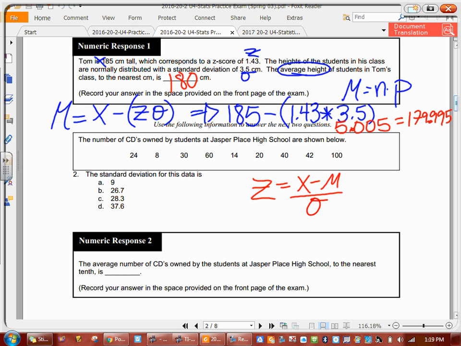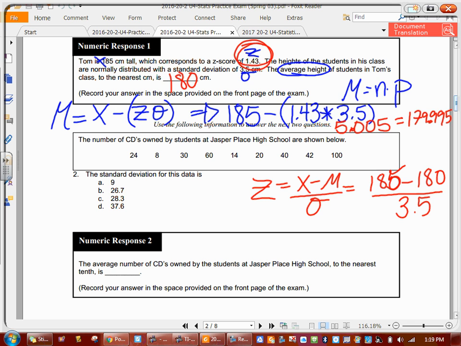We can put all the numbers in there. I can go 185, because he's 185 tall, minus the mean of 180, divided by 3.5, and when I do that, I should get his Z-score answer. Okay, so that's how you can check your work. Good to go? All right. The next one, the minute you see a list of data, what should you do?